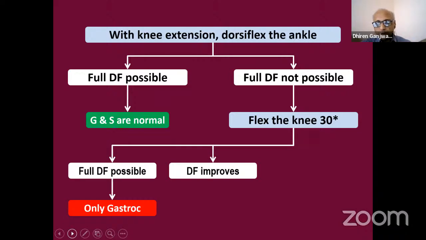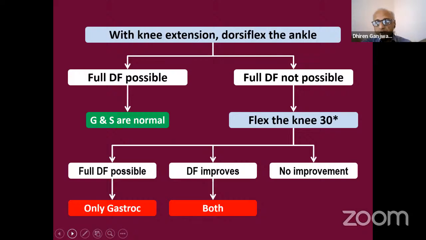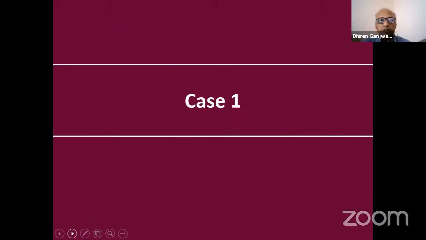If it improves partly, meaning full dorsiflexion is not possible with knee flexion, then both are affected. And if there is no improvement, then only the soleus is responsible. I have yet to see this situation in practice, but that's one theoretical possibility, that we get all four options.